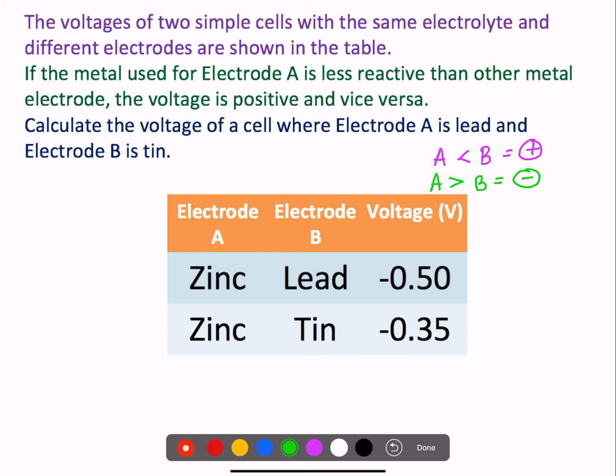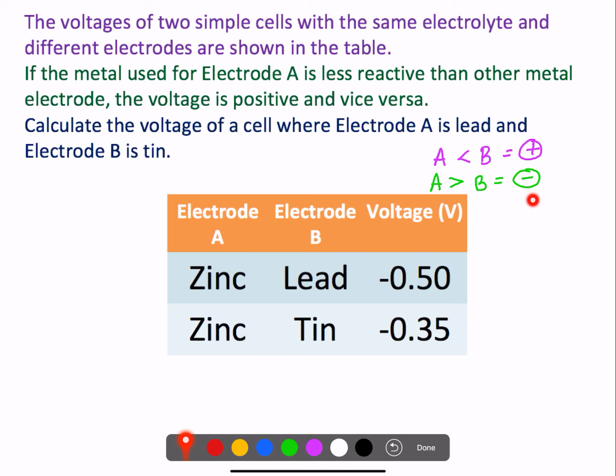Okay. Now it says, calculate the voltage of a cell where electrode A is lead and electrode B is tin. Okay, so right now we can see that when the electrode A is zinc and electrode B is lead, this is one cell, and another cell is zinc and tin. So when electrode A is zinc and electrode B is lead, the voltage is negative.